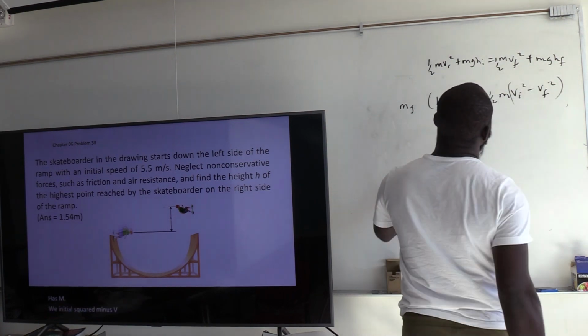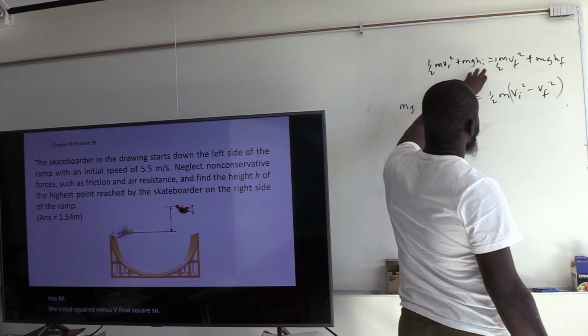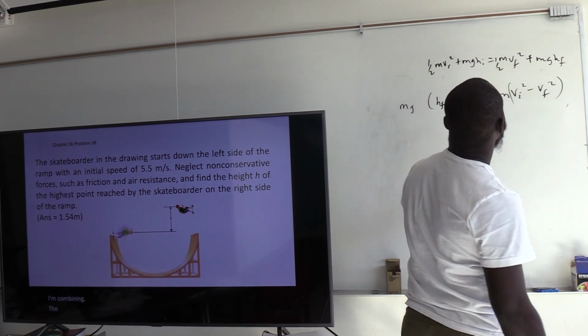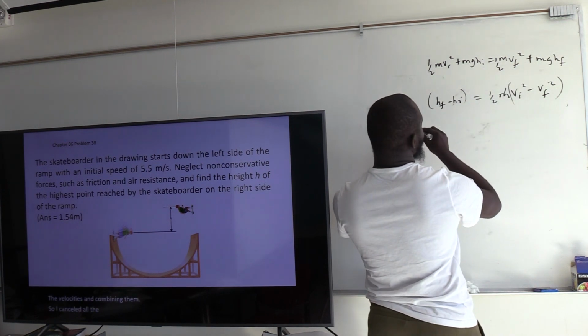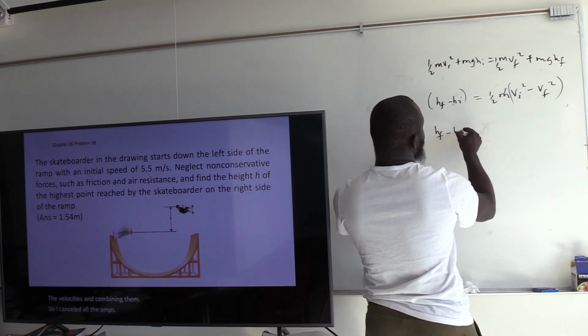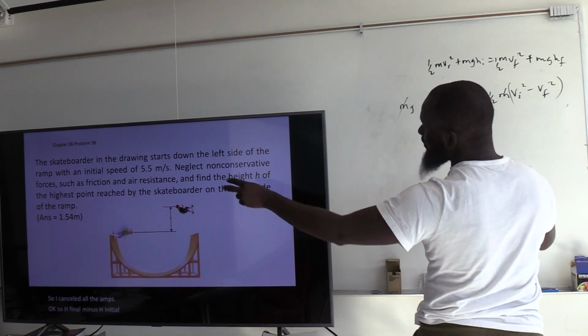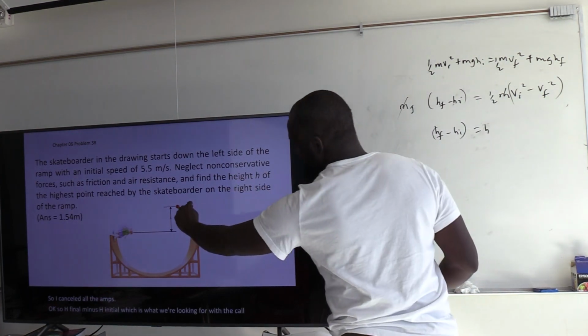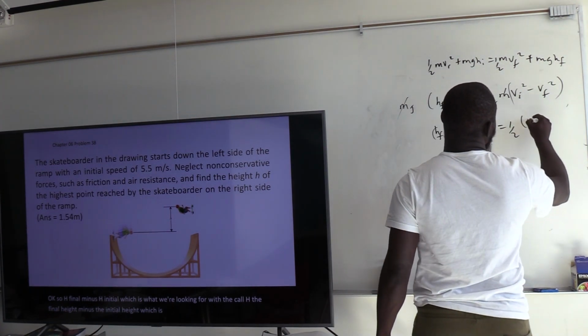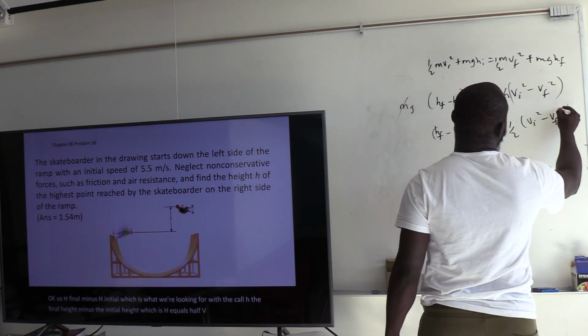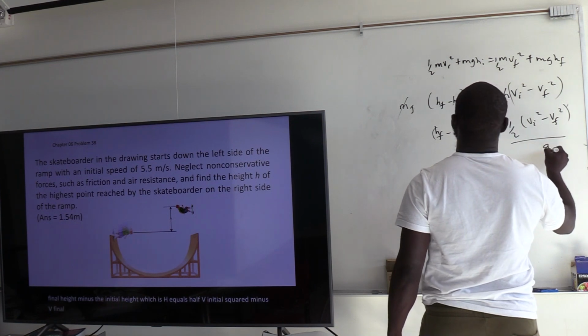So I'm combining the velocities. So I cancel all the m's. So h final minus h initial, which is what we are looking for, which they call h, equals half v initial squared minus v final squared divided by g.